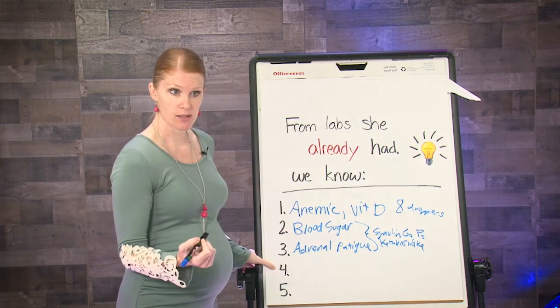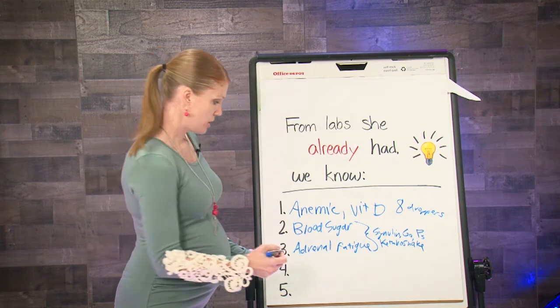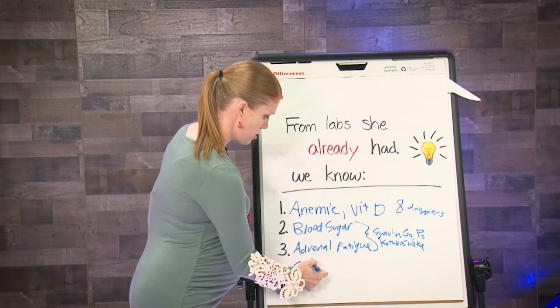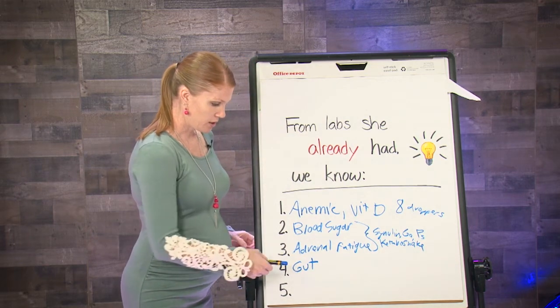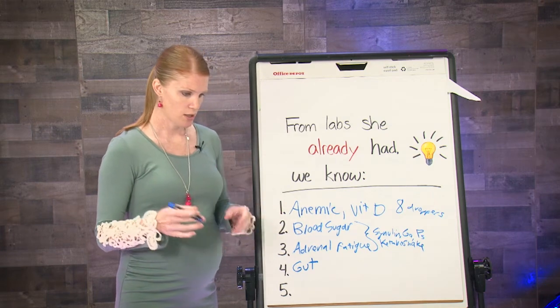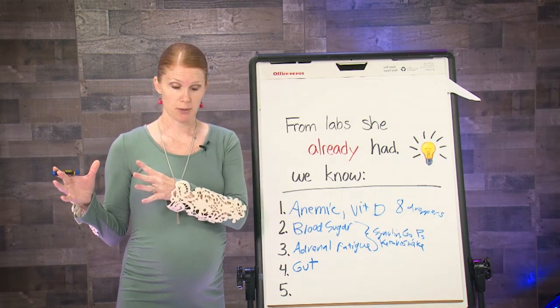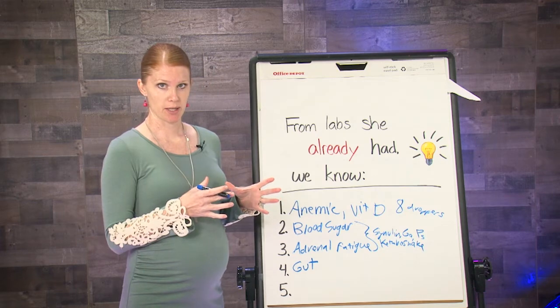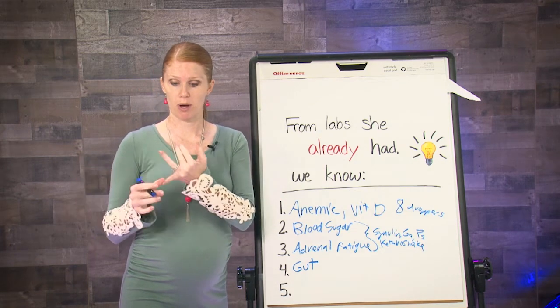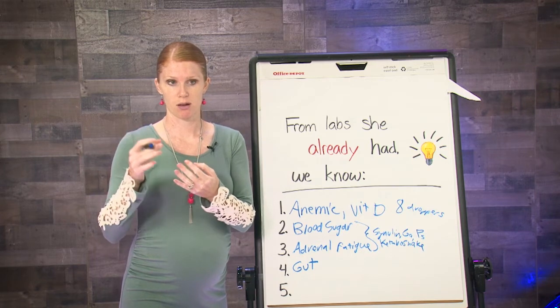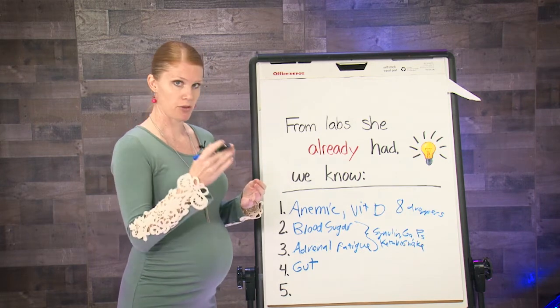Then, like her symptoms suggested, she had some major gut issues. So I'll just write gut here. Now, when it comes to gut, I love to destroy, heal, rebuild. So I'm going to destroy all the bad guys. Then I'm going to heal leaky gut. And then I'm going to rebuild the probiotics, the enzymes, the hydrochloric acid, all that good stuff. So it's like a 3-step process.